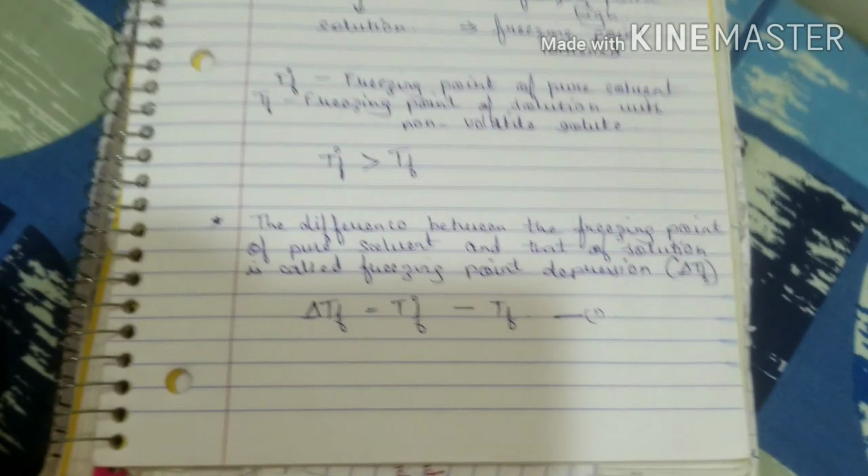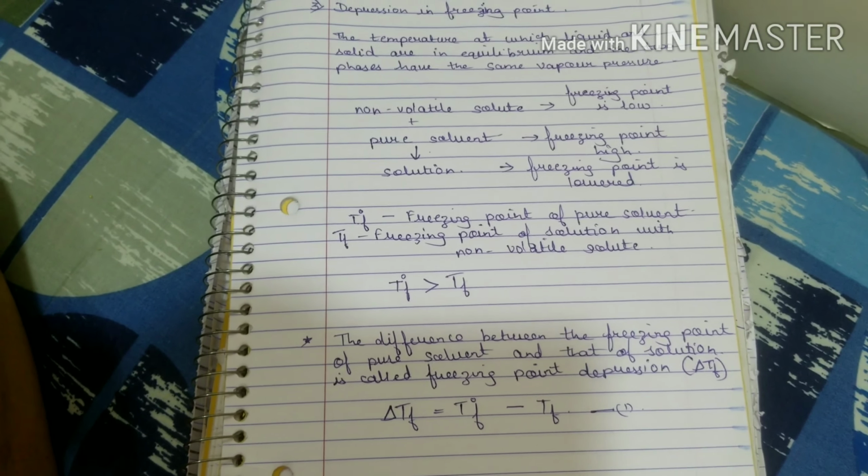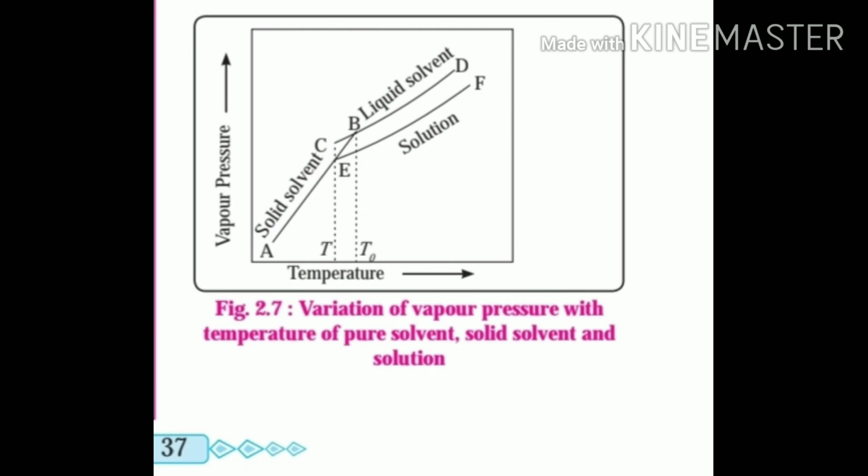I hope this is clear. This is a graph which shows the variation of vapor pressure with temperature of pure solvent, solid solvent and solution. The x-axis represents the temperature, the y-axis represents the vapor pressure.